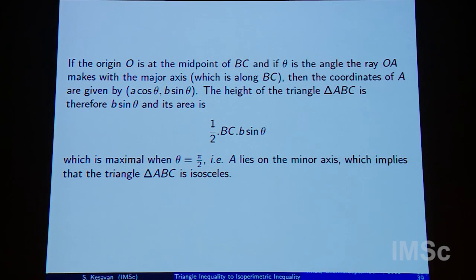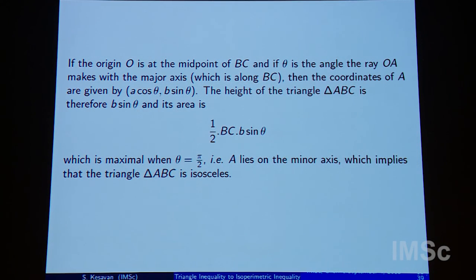So, if O is the origin which is the midpoint of BC and theta is the angle which the ray OA makes, then the coordinates of A are (a cos theta, b sin theta), you know. So what is the area of the triangle ABC? Half into BC into b sin theta. When is this maximum? When theta equals pi by 2. That means A must be on the minor axis, which means you have an isosceles triangle.